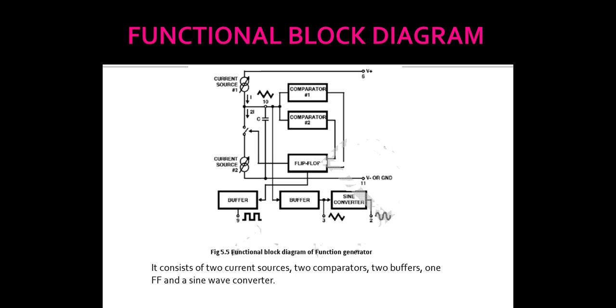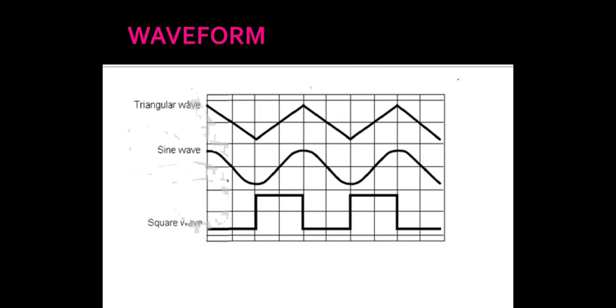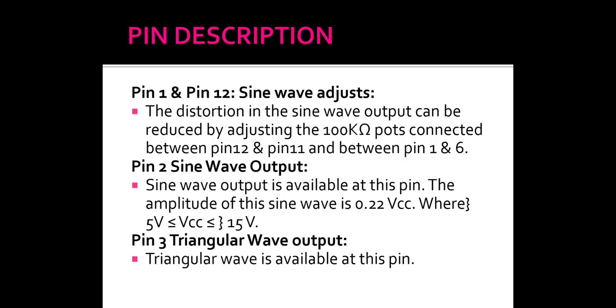The frequency of all these signals is controlled by connecting an external resistance and capacitance at pin numbers 4, 5 and 10. This is the functional block diagram, and this is a typical waveform of triangular, sine and square waveforms. This is the pin description.